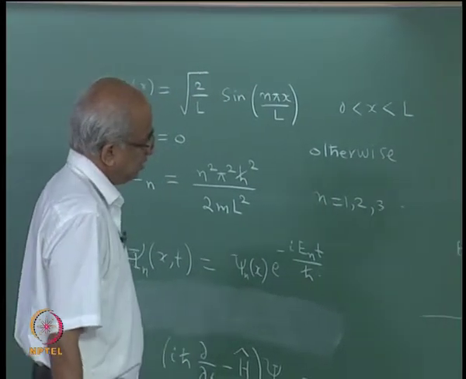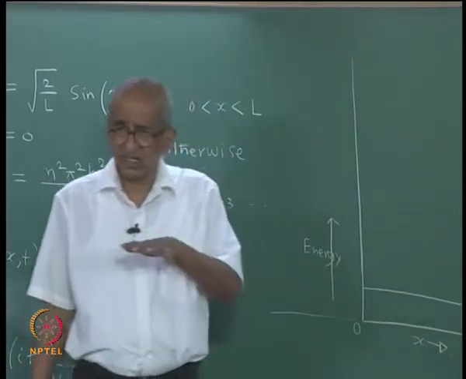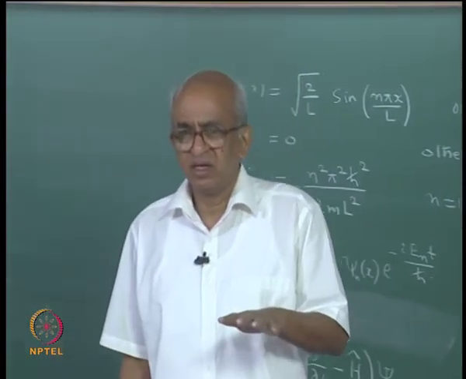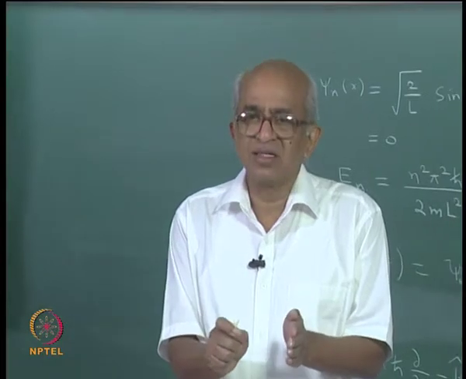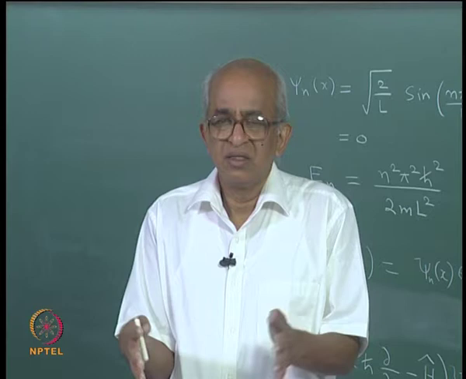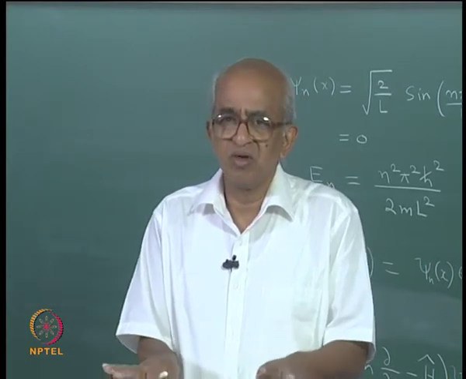Okay. Now notice that the energy, this is actually the state that has the lowest energy, but its energy is not 0. Now if you are thinking about the system classically, suppose I had a classical particle which is trapped in a box, then what can happen is that the particle can be just sitting inside the box without moving.